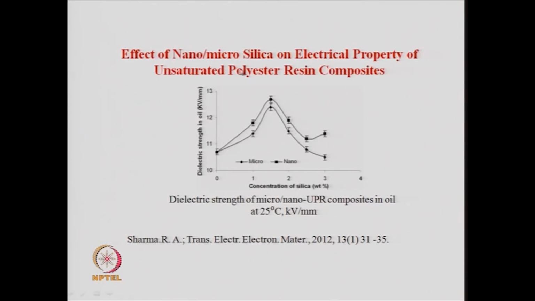So, this is addition of silica in an unsaturated polyester resin nanocomposite, and the dielectric strength is enhanced. You have nanosilica, and the nanosilica shows always higher values, and the micron size silica always shows lower values when you have increased the concentration of silica in weight percent in the polymer resin.